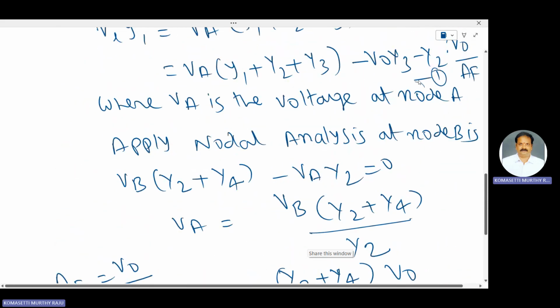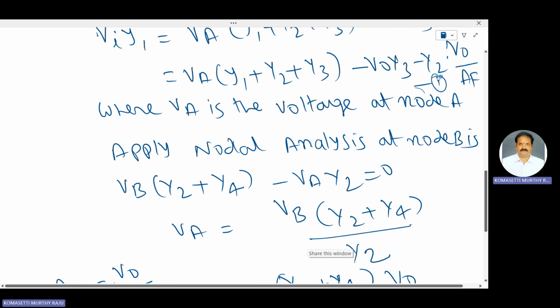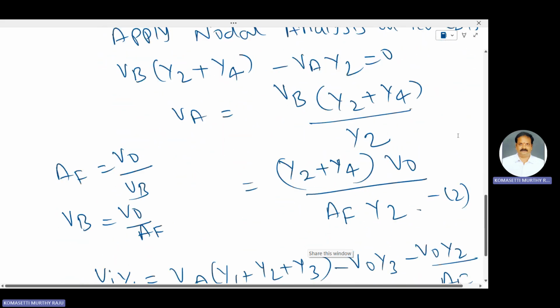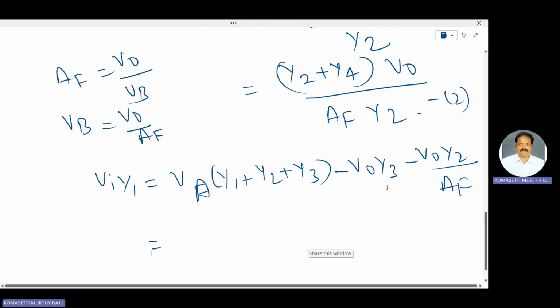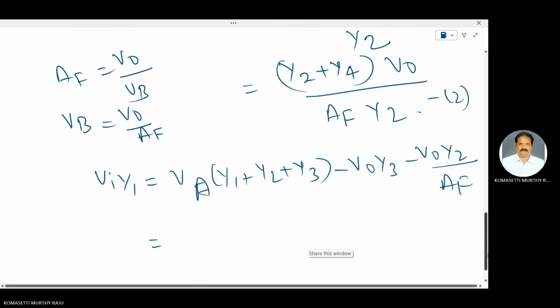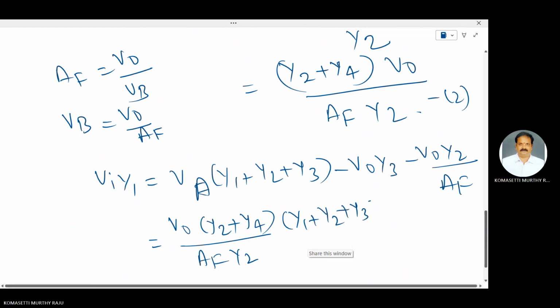This is the first equation. Here VA is replaced with this expression, V0 into (Y2 plus Y4) by AF Y2, times (Y1 plus Y2 plus Y3), minus V0 Y3 minus V0 Y2 by AF.